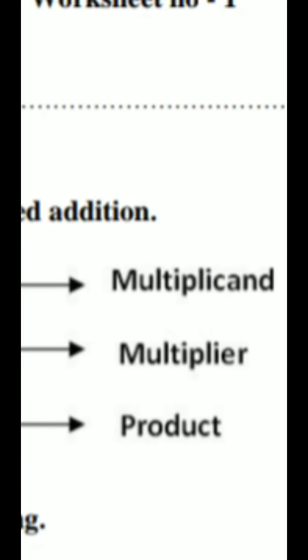The answer what we get here is 6032, which is product. So students, in multiplication we have multiplicand, multiplier and product.